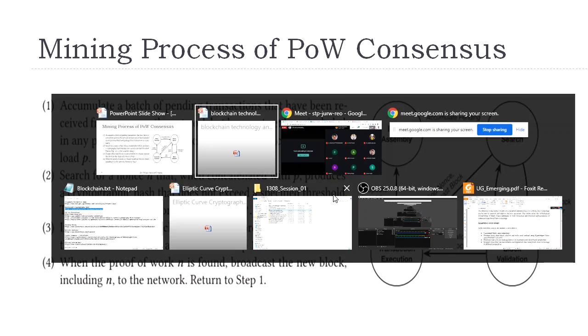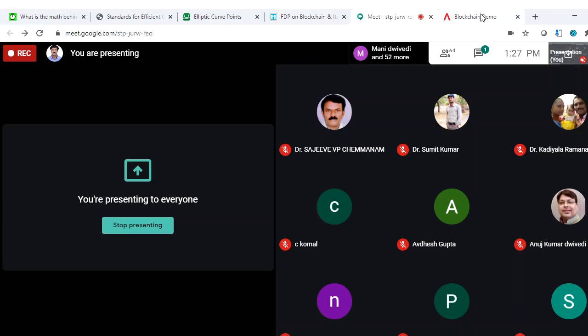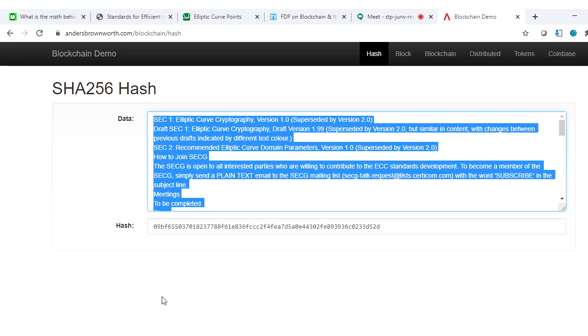Here, whenever this hash is generated, it is a 256-bit hash code in which the first bit is 0. Here, if you can see, the first bit is 0.